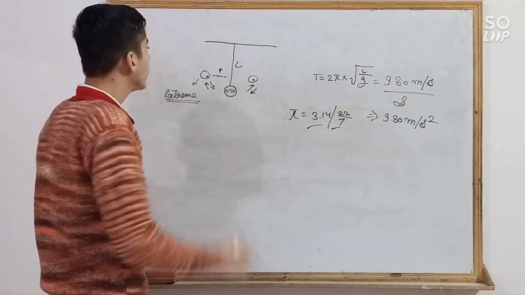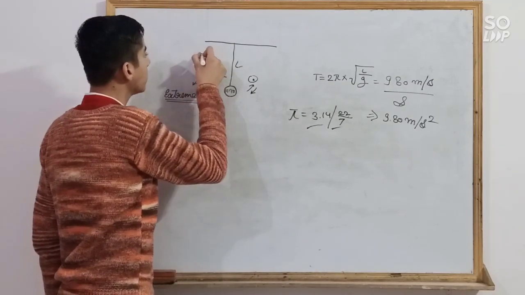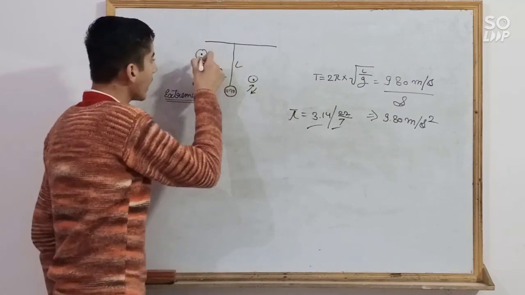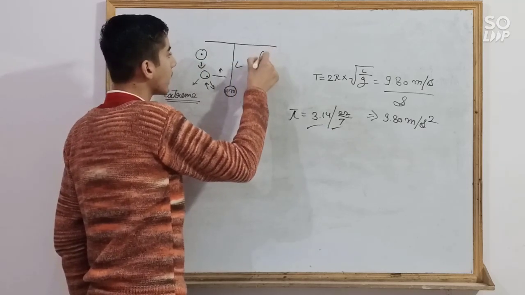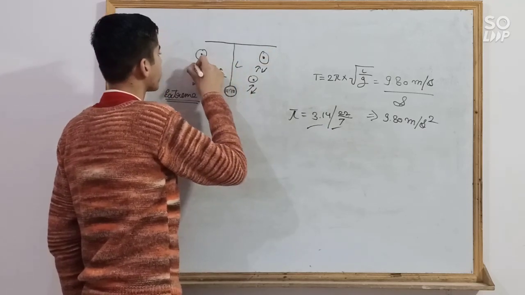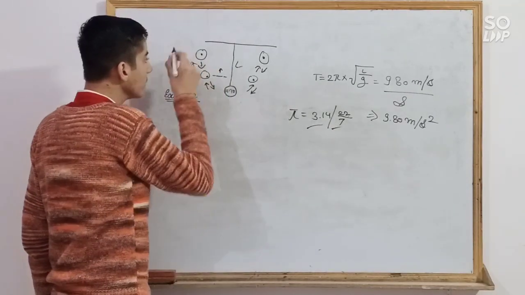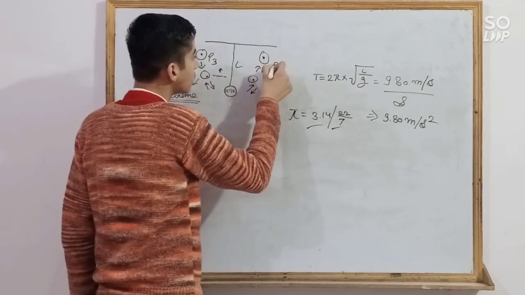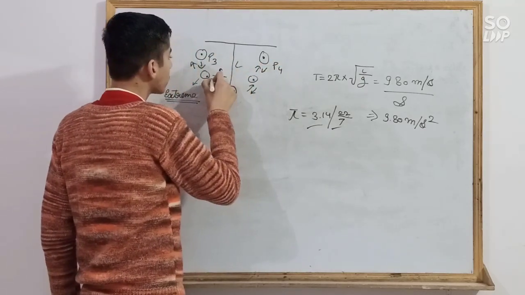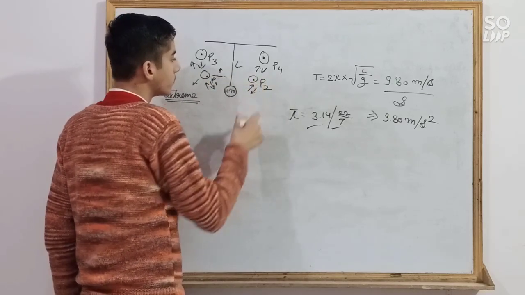And suppose we change the extreme position of the pendulum. We release the pendulum from here and then it moves from here to here and then back to here. Then still it will take the same time to go from position 3 to position 4 as it took from position 1 to position 2.